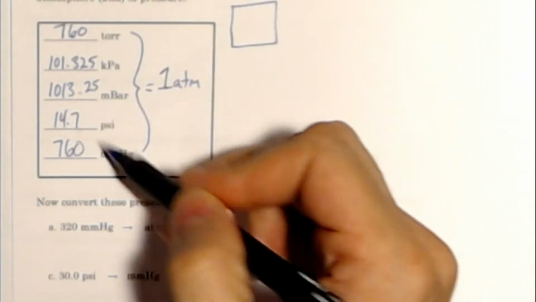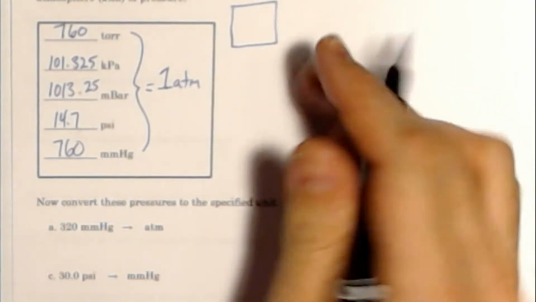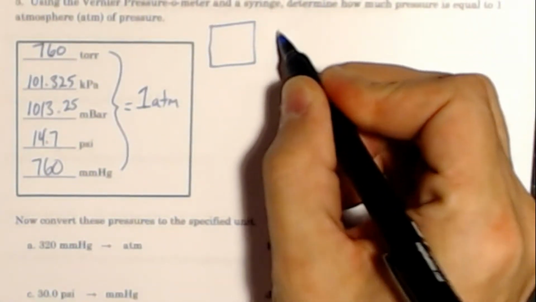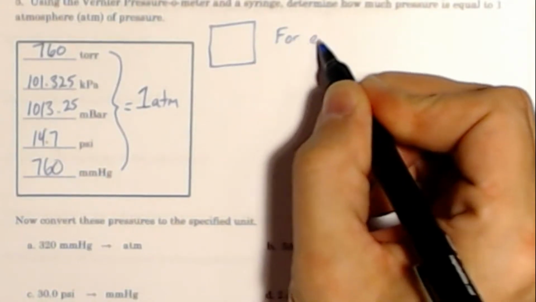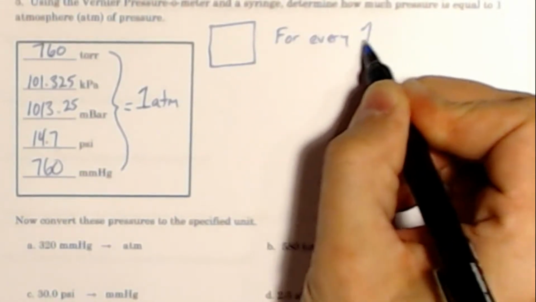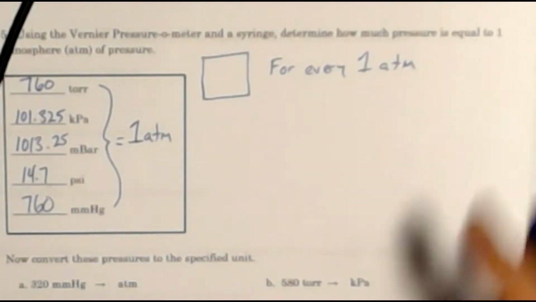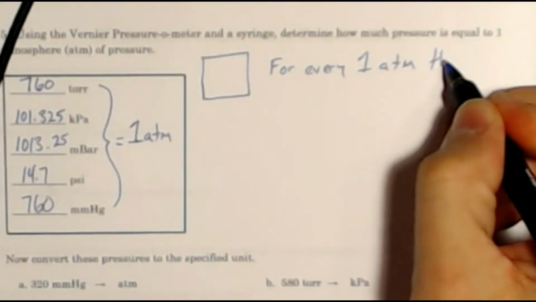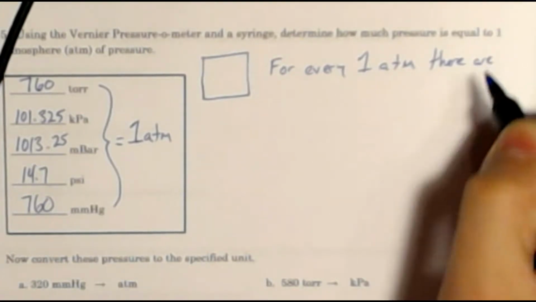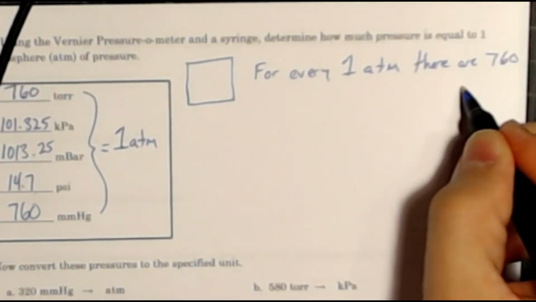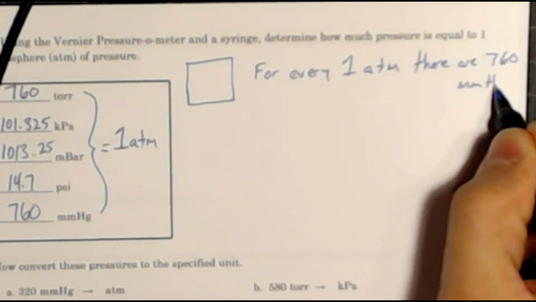One way to do that is to think about them as for every statements. So if we write, for example, for every 1 atmosphere, there are 760 millimeters of mercury.